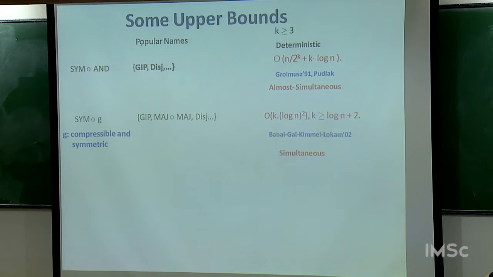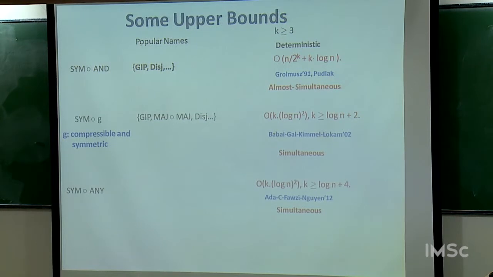A random function is not compressible. As k becomes larger and larger, the number of choices for the inner function also grows, doubly exponentially in k. And what they showed is that a very small fraction of those inner functions turn out to be easy, even for simultaneous protocols.